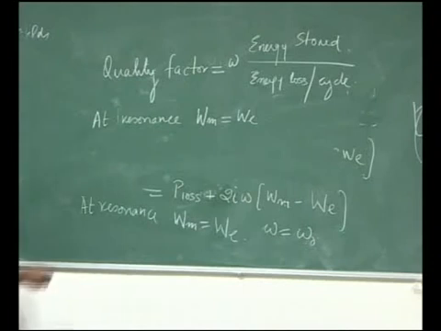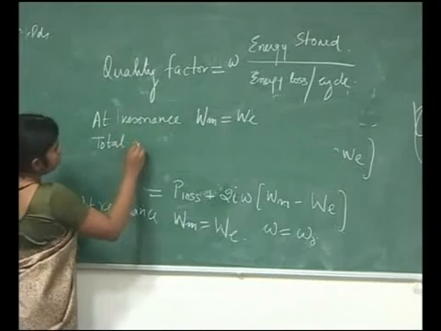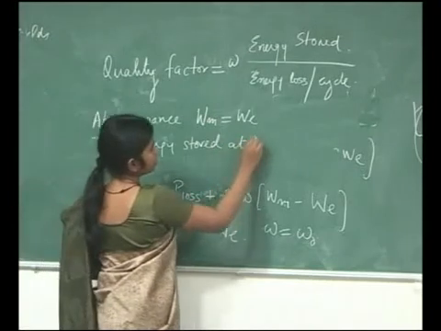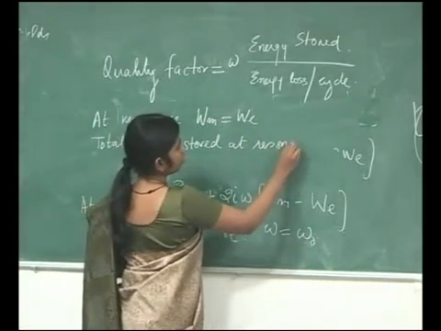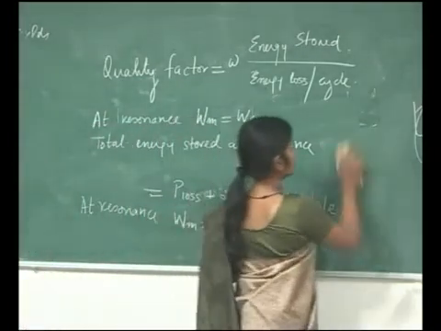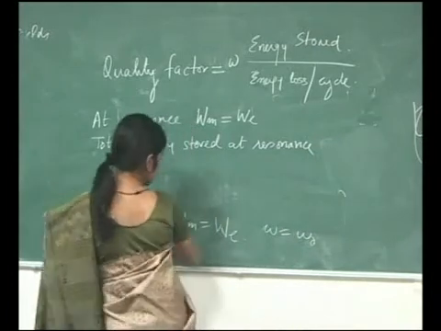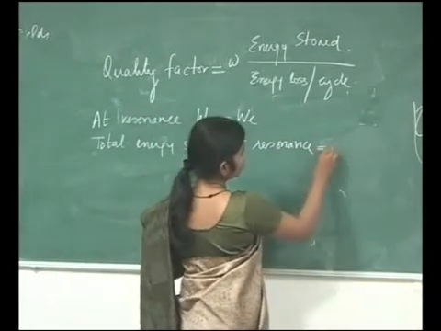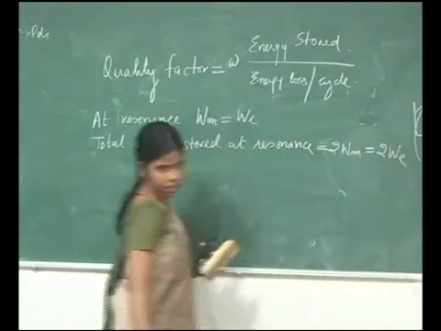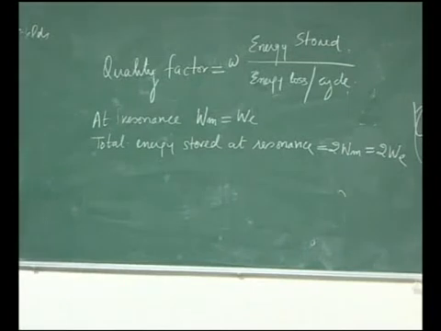So the total energy stored at resonance is equal to 2 Wm or 2 We, because Wm is equal to We, so total energy is Wm plus We.